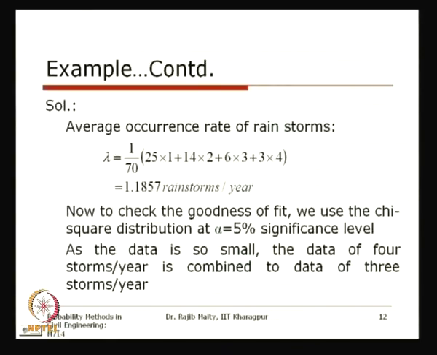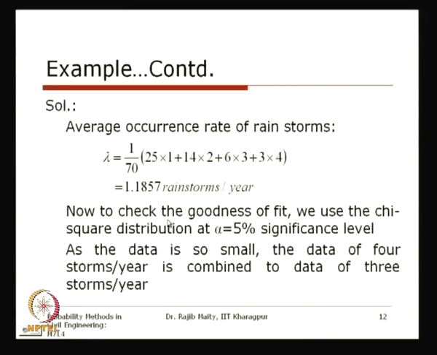Sometimes this would have been supplied directly, for example whether the data follows the Poisson distribution with lambda equal to say 1.3 or 1.1. If that is given to us, that means we are not estimating it from the data, so the degrees of freedom will be k minus 1. But here we have already estimated one parameter, so now the degrees of freedom will be k minus 2.